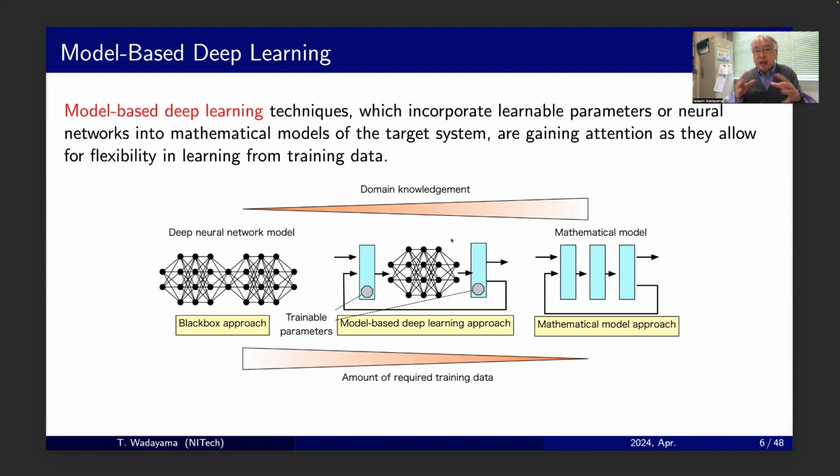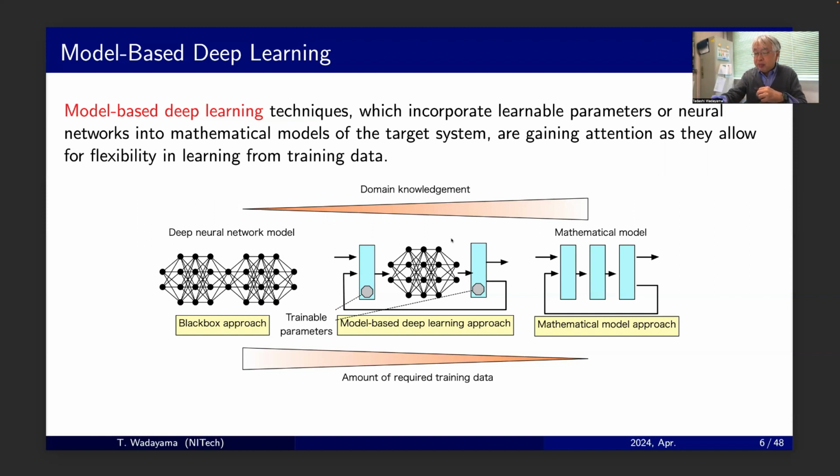Compared with that kind of big model, in the case of model-based deep learning, we only have to train a much smaller number of trainable parameters.